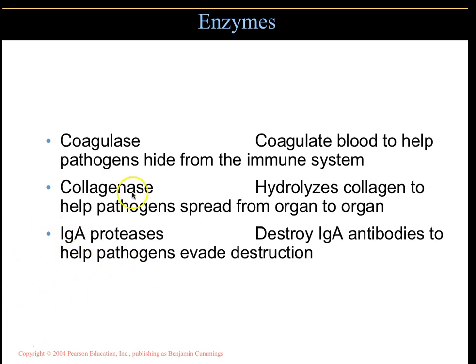So if it is a pathogen that can make these proteases, then they're going to evade immune attack in those areas of the body that make IgA. So you can develop an eye infection because IgA is normally found in tears 24/7. So the pathogen makes the protease to destroy the IgA antibodies to help the pathogen evade destruction.